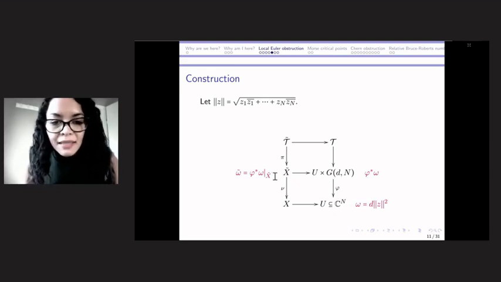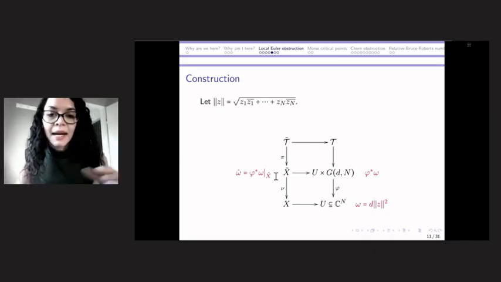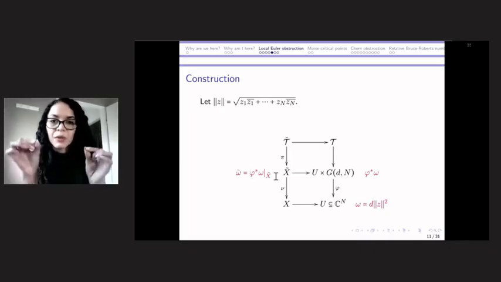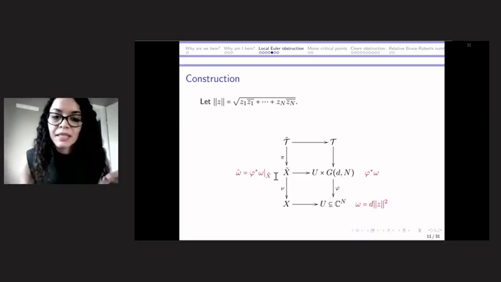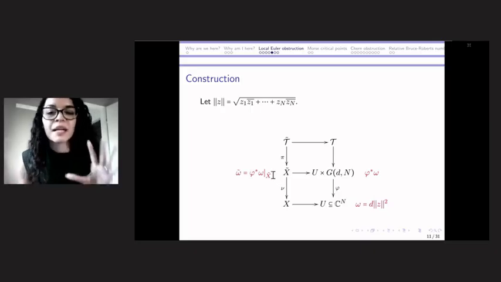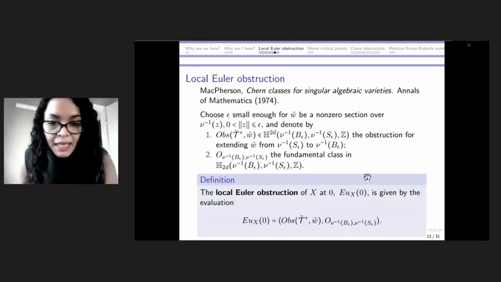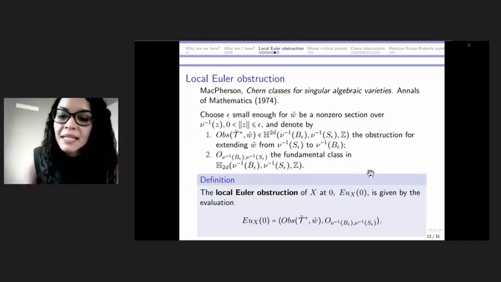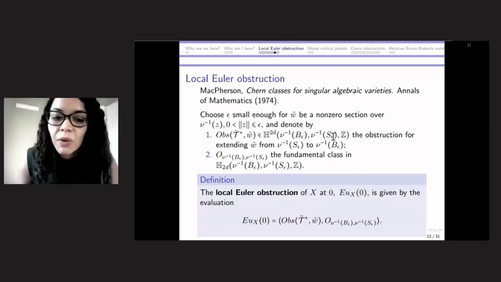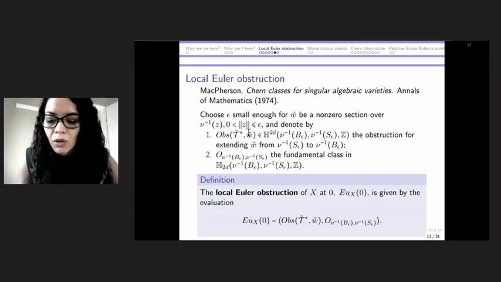So the thing is that there is a small epsilon in which you can consider this one differential form to be non-zero. There exists this epsilon. And okay, in this slide, what is happening is the following. There is this small epsilon in which the one differential form that I called omega tilde.